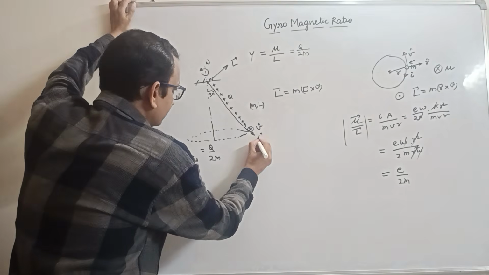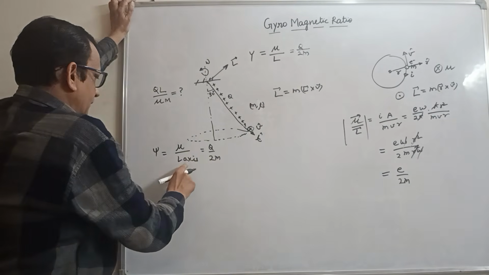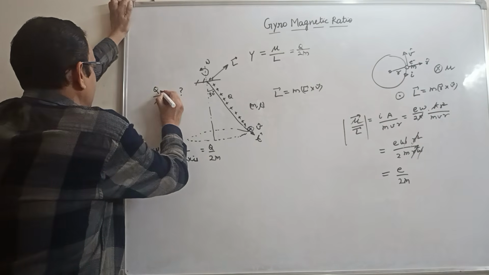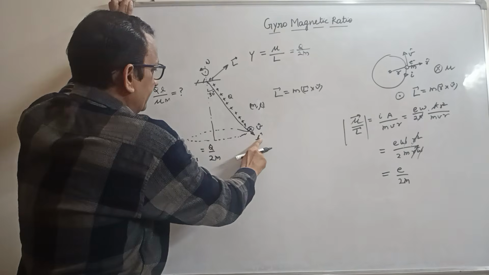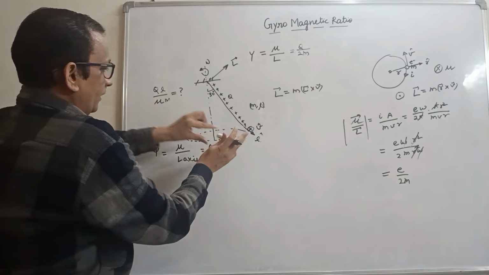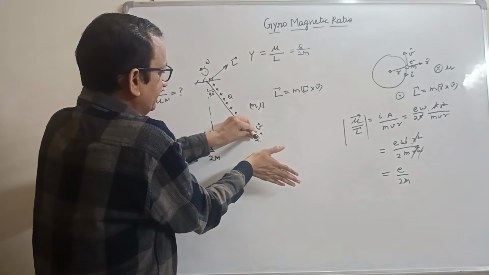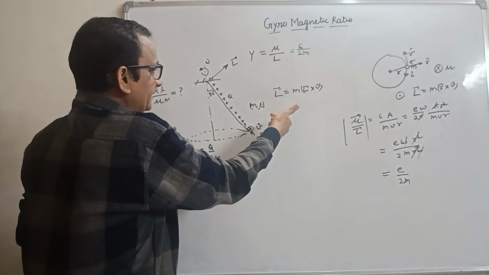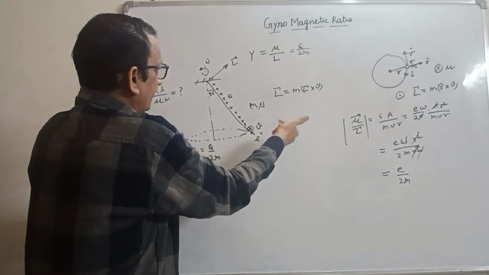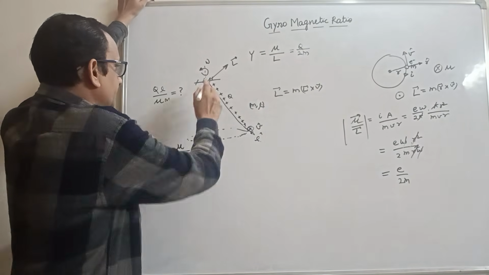The L vector direction is this and the V vector is this, so L cross V in this direction, and the thumb gives the direction of angular momentum.